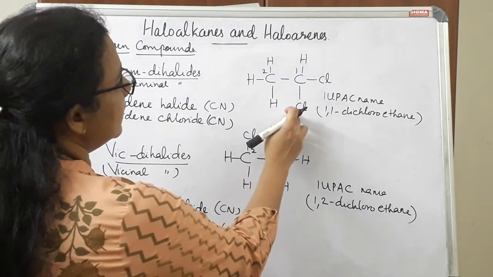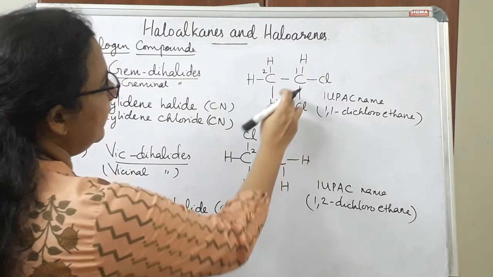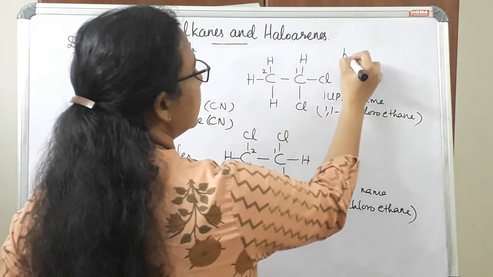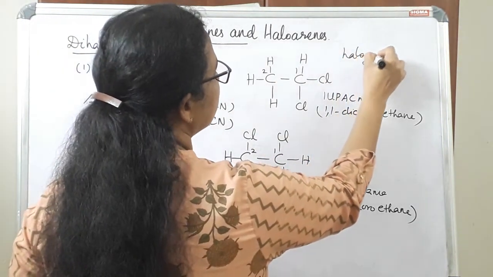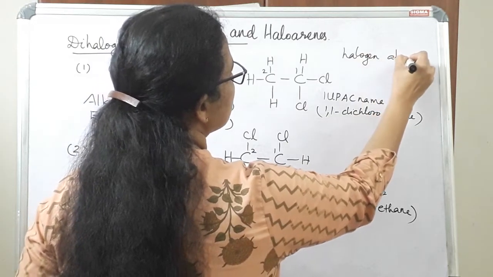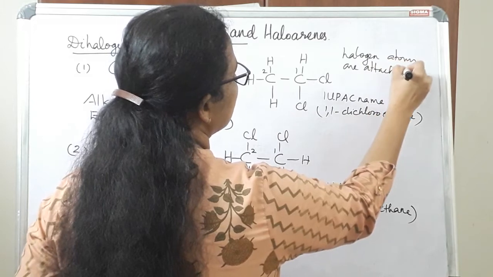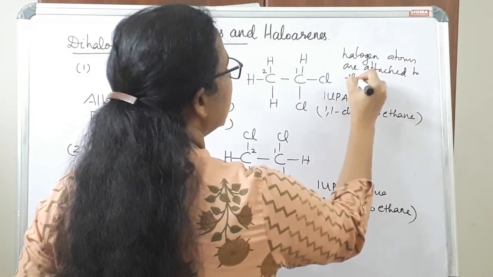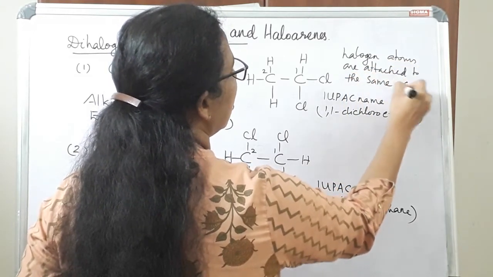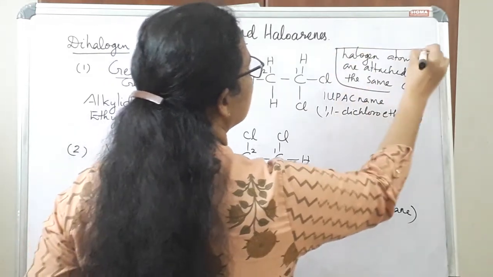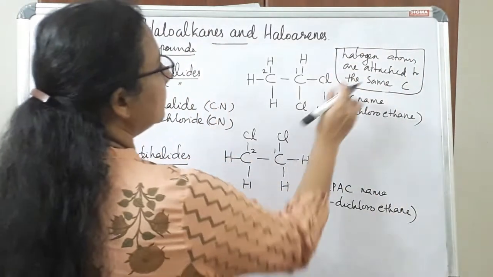So the first one is geminal dihalide. Here the halogen atoms are attached to the same carbon atom, to the same carbon. So that is the reason.